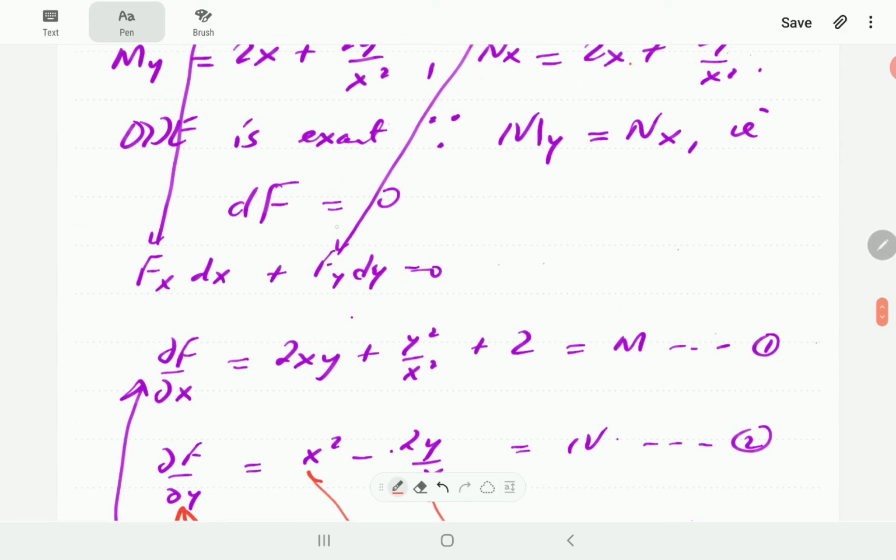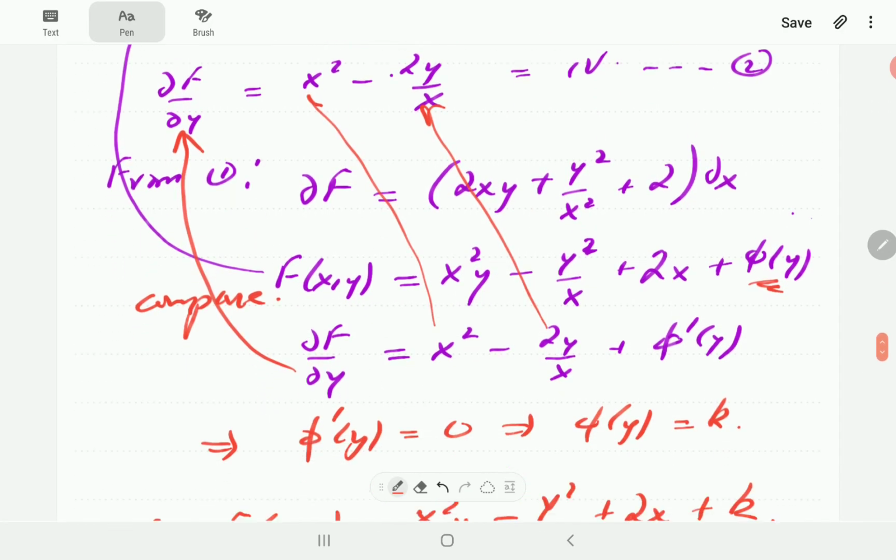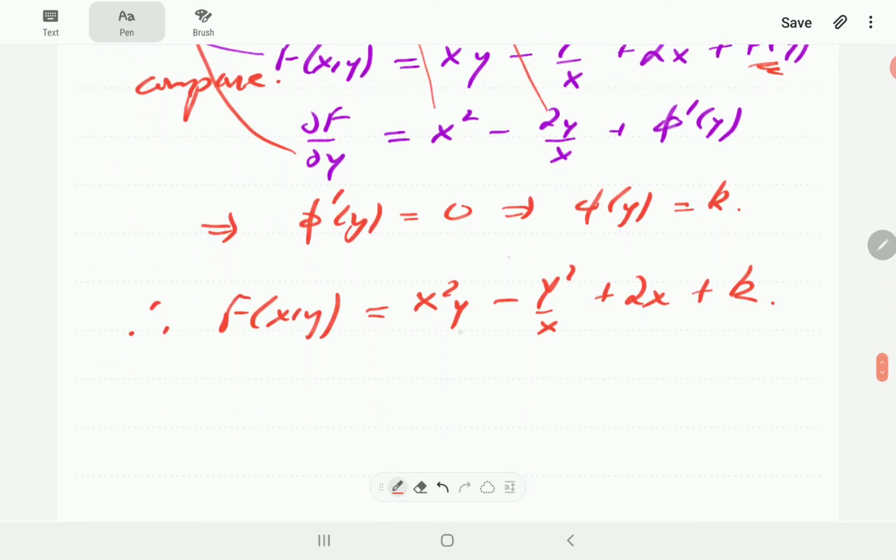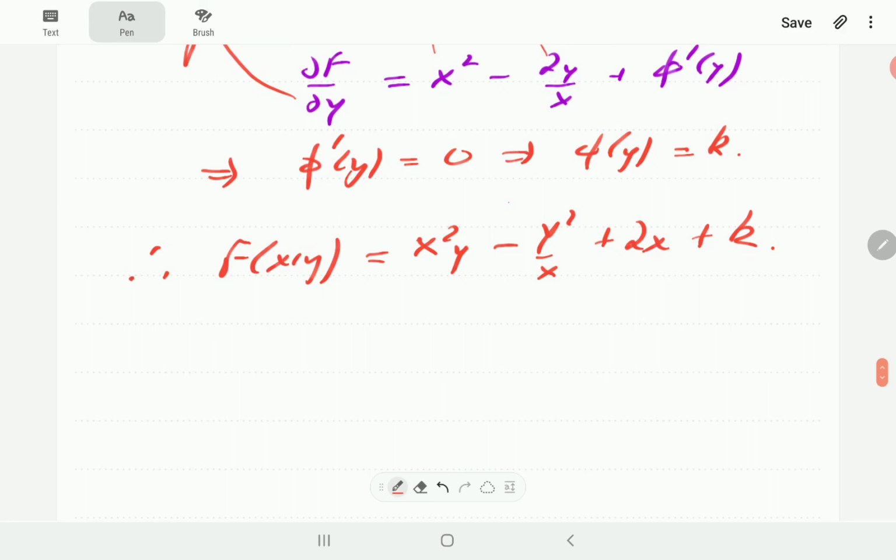Remember, we're integrating df here. So when you integrate df, when you integrate this side, you're going to get f. Integrate this side, you're going to get k. So that means actually the solution, we can leave it like this, or we can write it as follows.